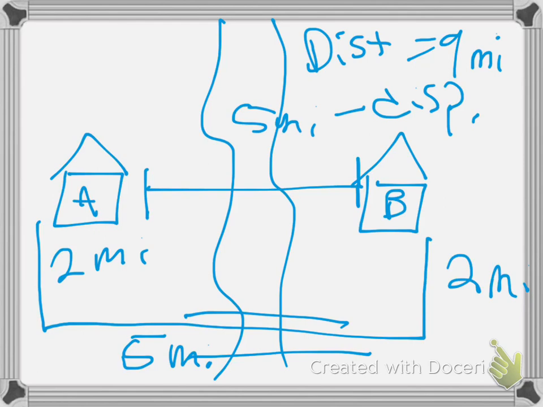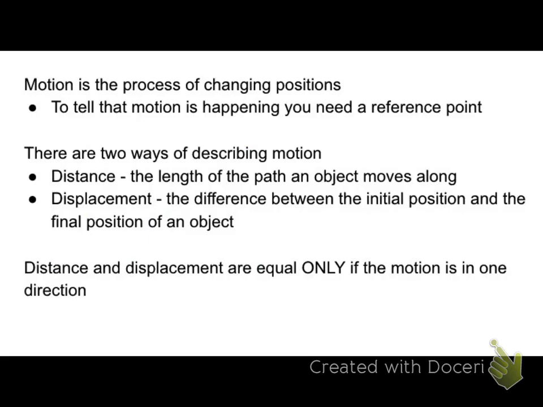If you travel, let's say, up and to the left, then your displacement is the hypotenuse of that triangle that you just made, because it's the shortest distance from where you started to where you ended. Okay? So hopefully now you can answer the last objective of the day, which is distance versus displacement. Okay? This is the end of the notes.